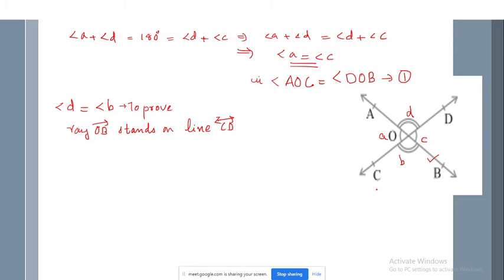Ma'am, check again. Angle B plus angle C is equal to... Okay, Ramya, what were you saying?